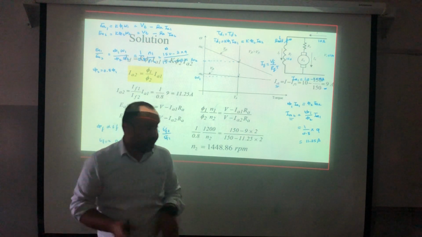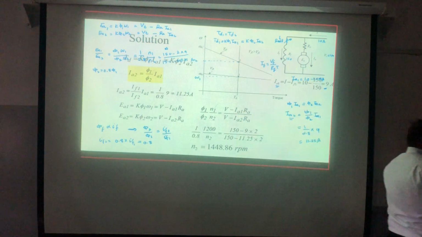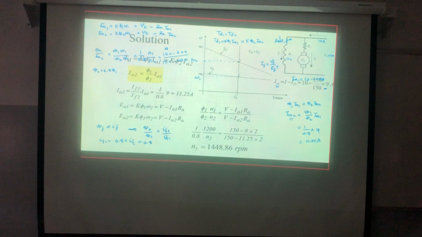Good. Now, if I need to calculate RF total, so RF total will equal 150 over 0.8, and this equals 187.5.